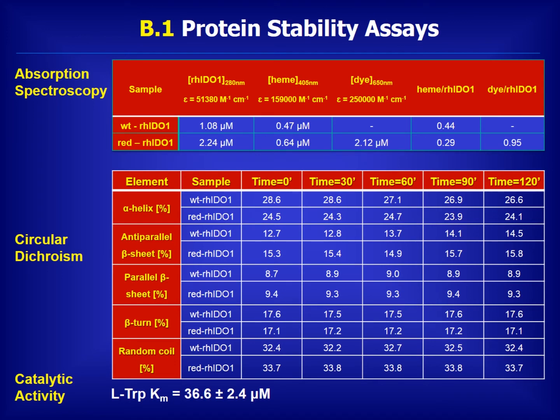Before performing biophysical assays, we checked the quality of our recombinant protein, produced by Giotto Biotech. Although only a small amount of the protein displayed heme, its prosthetic group, inside the binding pocket, the enzyme had a stable conformation over time, and it proved to be able to convert L-tryptophan into kynurenine, so it was active.